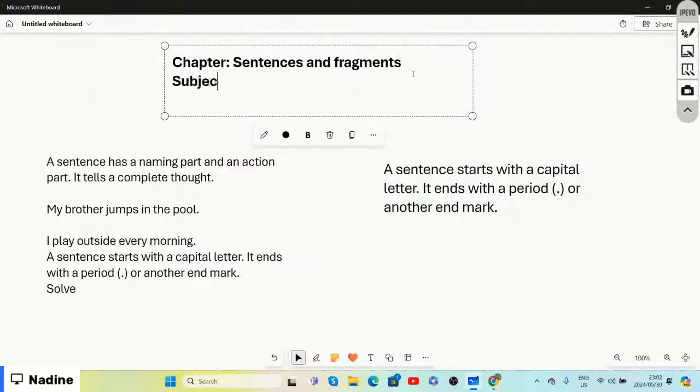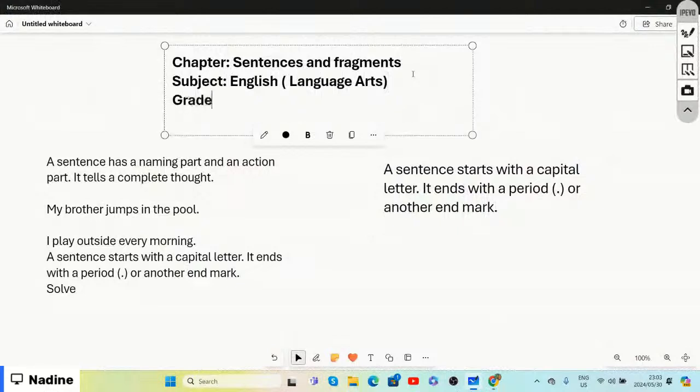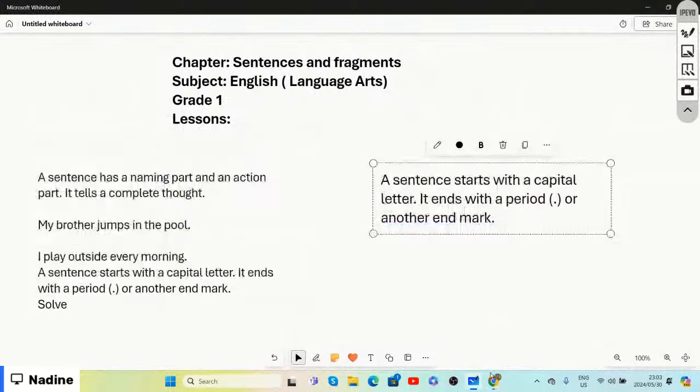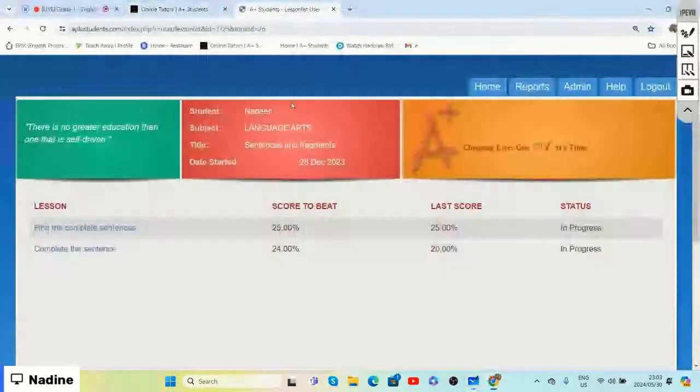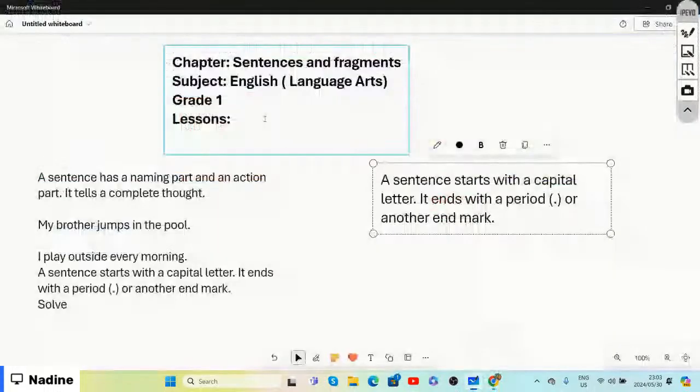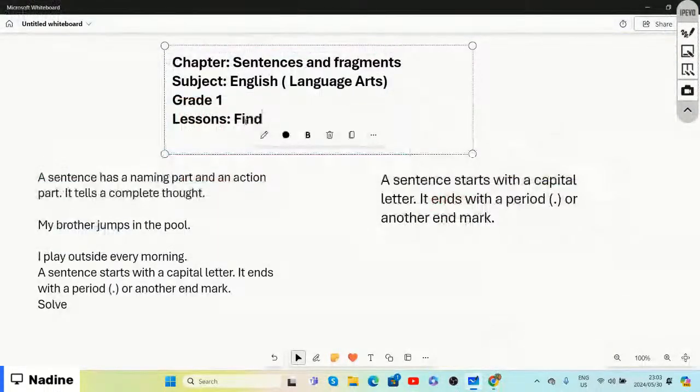Once you've logged on to aplusstudents.ca with our username as well as our password, we're going to select the subject of English language arts, grade 1.